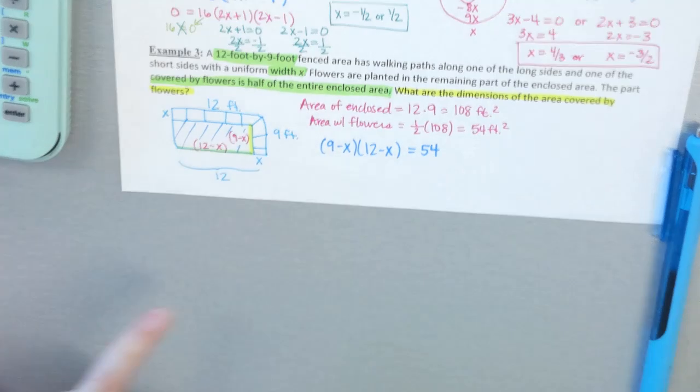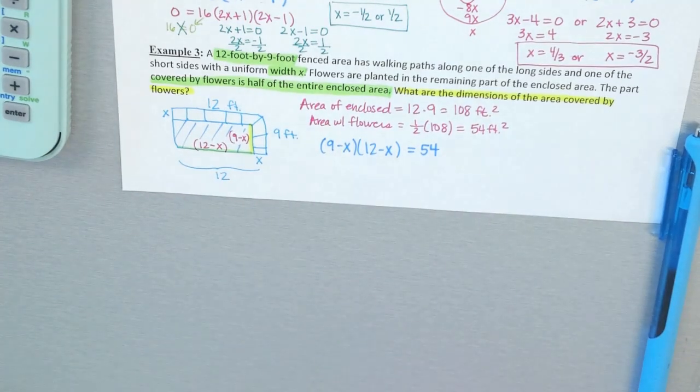So let's do that. Actually, I'll give you a minute to do that, to FOIL. And then we'll move all the terms to one side. You can use your calculator to do that.